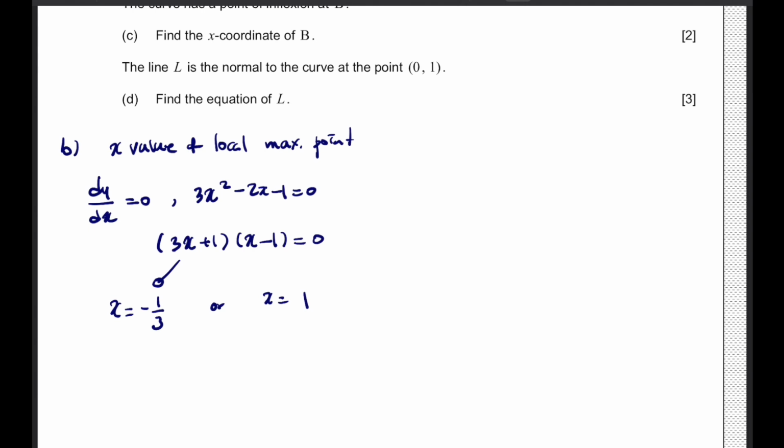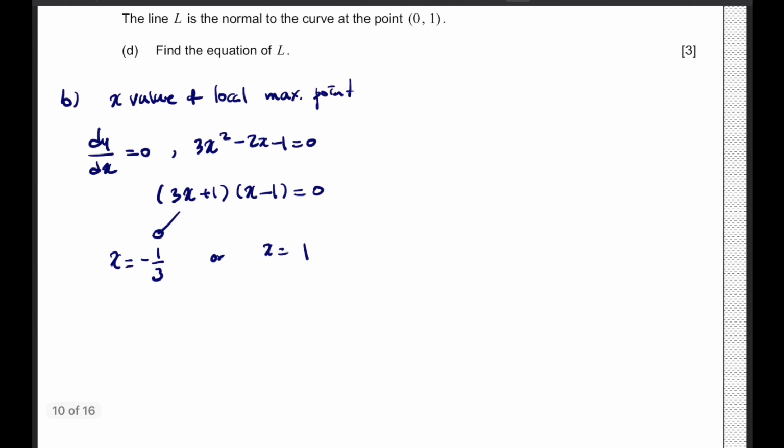In order to justify whether this is the x coordinate of the local maximum point or not, we have to use the second derivative. So we substitute our x value into the second derivative, which is 6x minus 2.